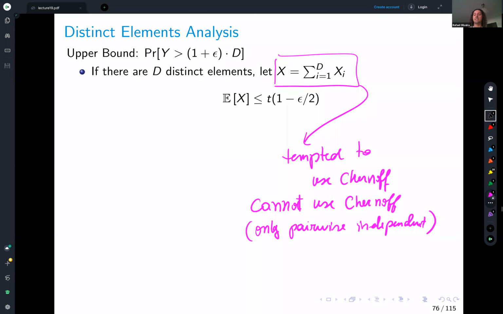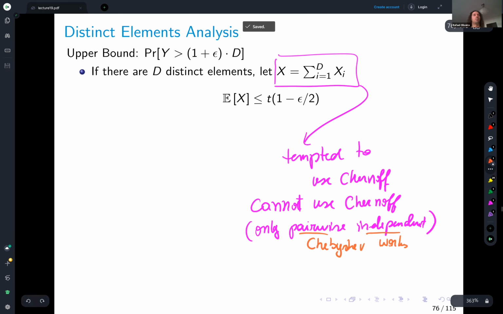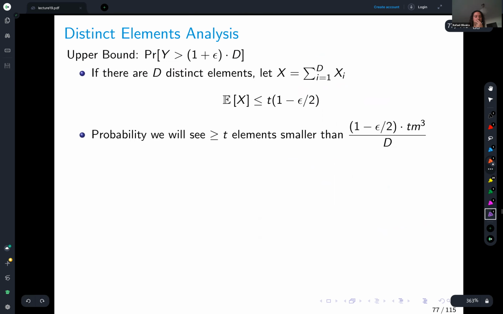But if they're pairwise independent, what is the inequality that we know for pairwise independent random variables? Well, if we have pairwise independence, we have a good control of the variance. So Chebyshev would be good. Chebyshev works for pairwise independent variables, so we're going to use Chebyshev.